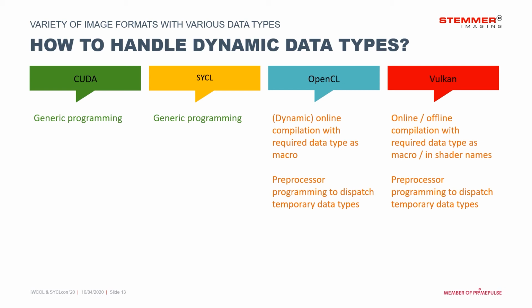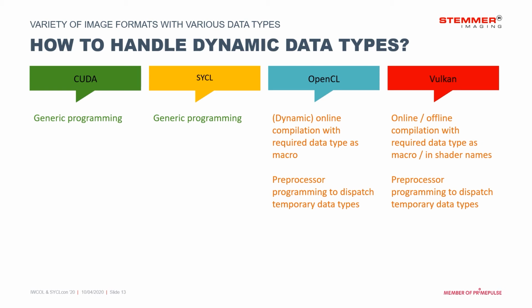For OpenCL and Vulkan, this is a little bit different, as we don't have C++ programming at hand usually. For example, in OpenCL, we can always online compile. And what I would propose as an example is that you can use preprocessor macros to select the data type that you will need to use.